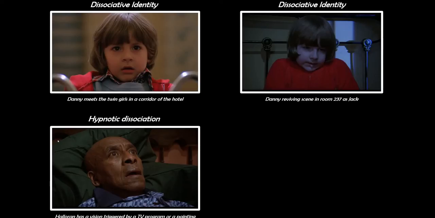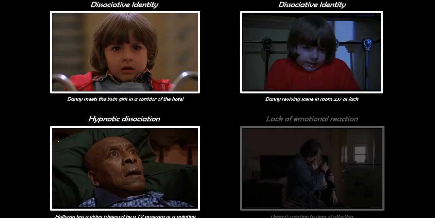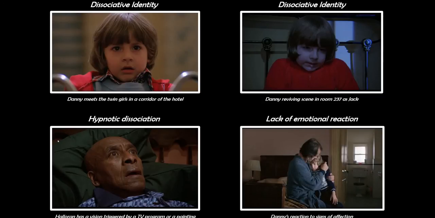He is in his bed, in his room, but it is as if his mind was somewhere else. Another example of a dissociative state is the lack of emotional reaction of Danny as he is in the arms of his father. It should be a lovely scene, with a lot of affection, and here what we see on his face is a complete lack of emotion.